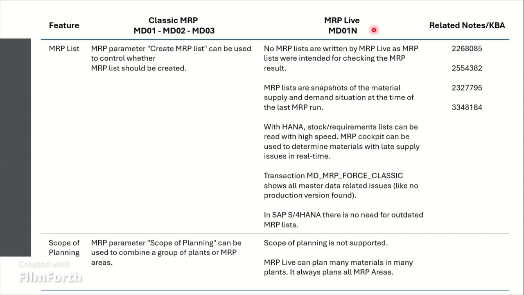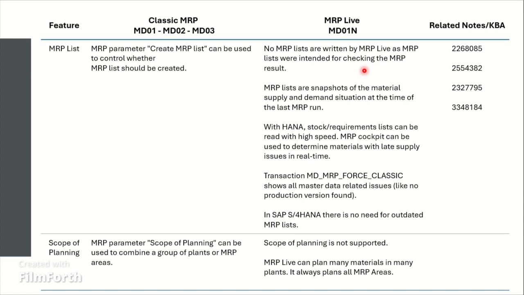Here we do have the automatic output coming out of the MD01N in case there are any issues. When we compare this feature of the MRP list with what we have in the MD01N or the MRP Live, we will not have the MRP list created, because the MRP lists are basically snapshots of the material supply and demand situation during the last MRP run.